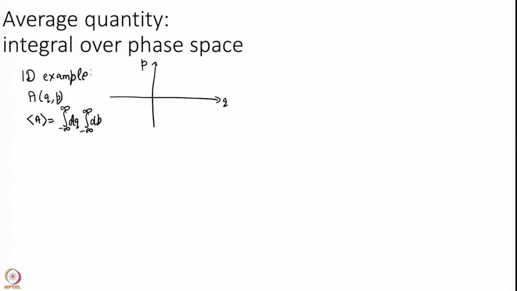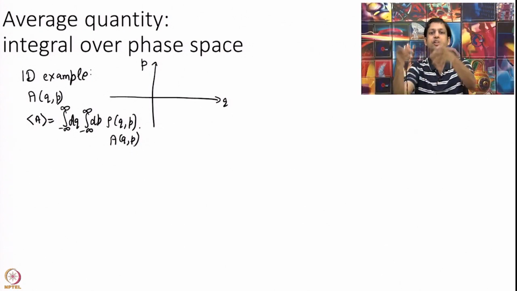I will find the probability that I am at that q comma p, that is given by rho, multiplied by A of q comma p. So, that is our usual trick of finding averages. We find this property that I want to average at that given q comma p, I find the probability that I am at that point, and then I just integrate over all phase space.